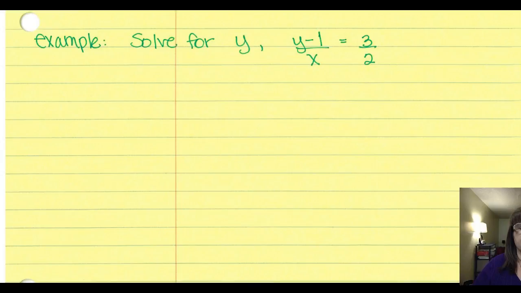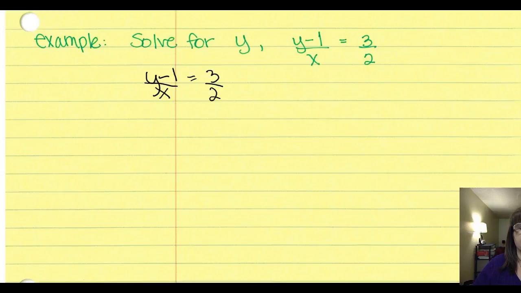So my first step is do what's happening to the whole entire side first. Well, right now that whole entire side is being divided by x. And if I undo a division, that's going to be multiplication. So the first thing I'm going to want to do, y minus 1 all over x equals 3/2.